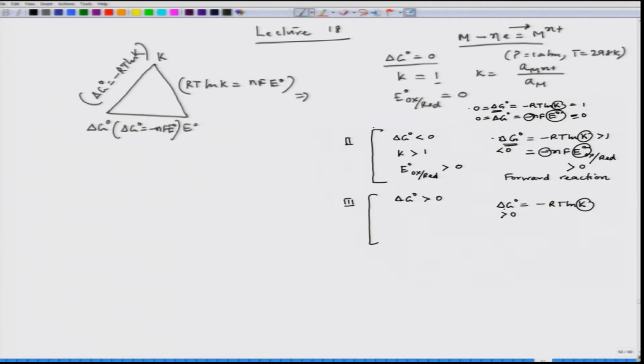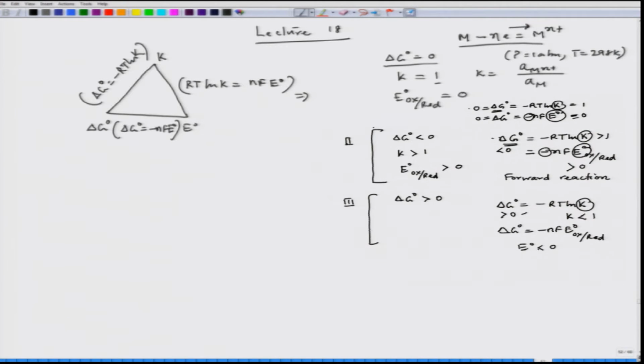So K in this case should be less than 1, and delta G naught is again equal to minus nFE naught, which is ox by red. Since this is greater than 0, E naught would be less than 0.